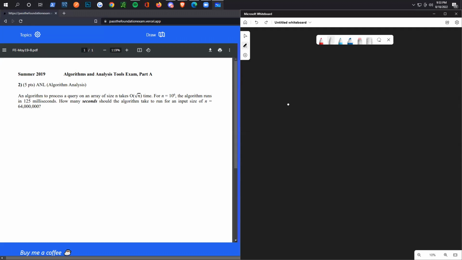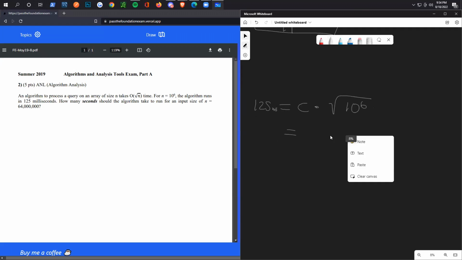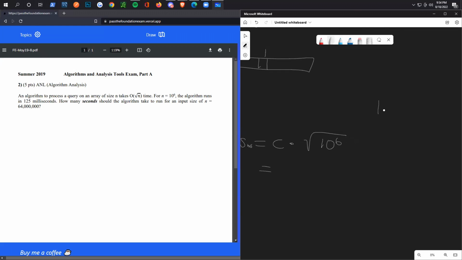Okay, so let's just go through it. We're going to start off with 125 milliseconds, and we're going to have C times square root of 10 to the 6. You can remember that the square root of n is just equal to n to the power of 1/2.